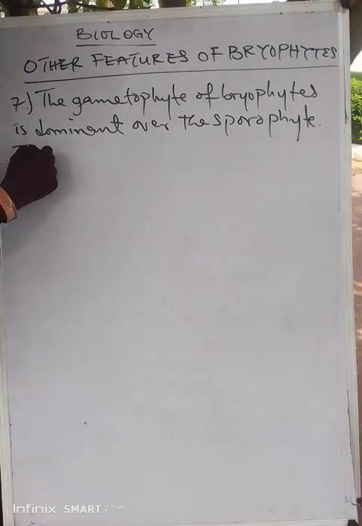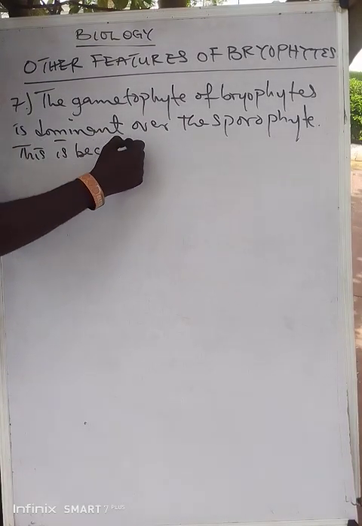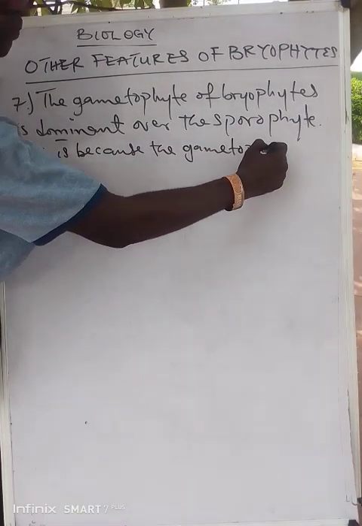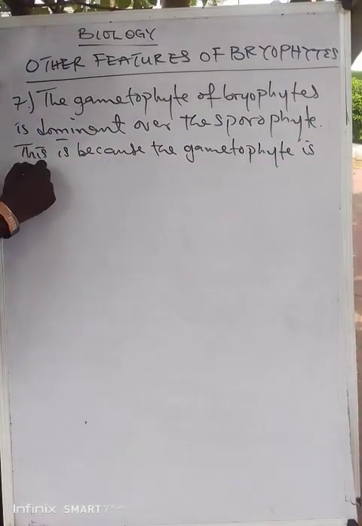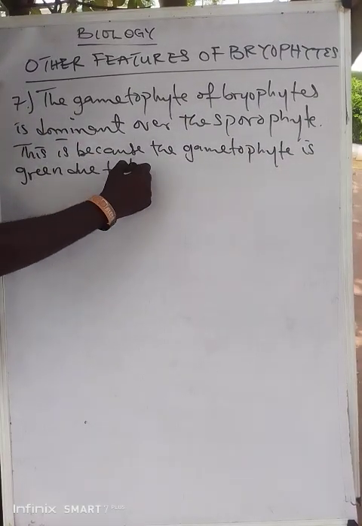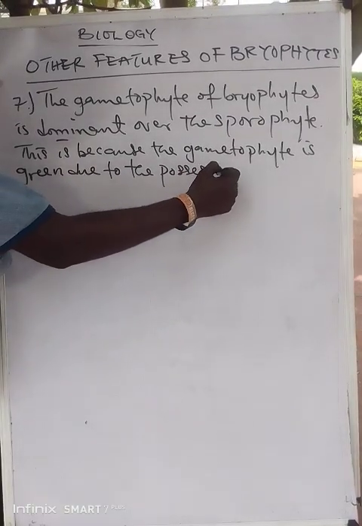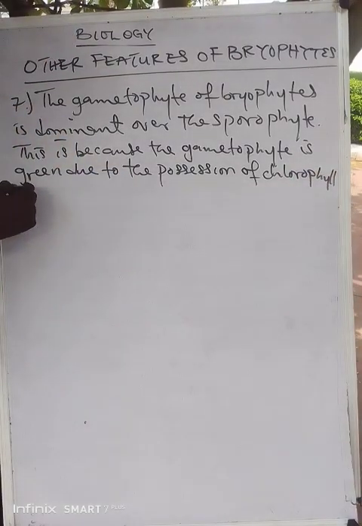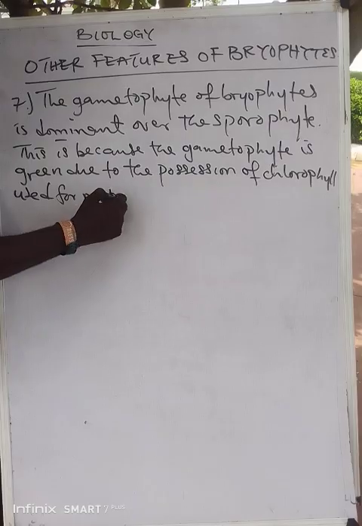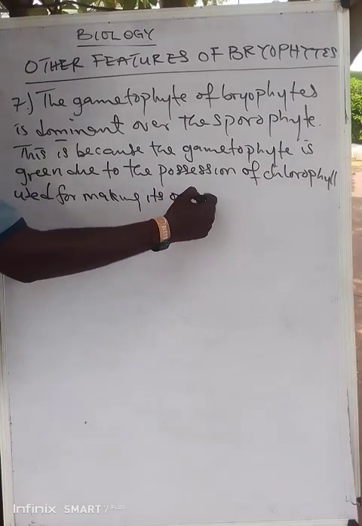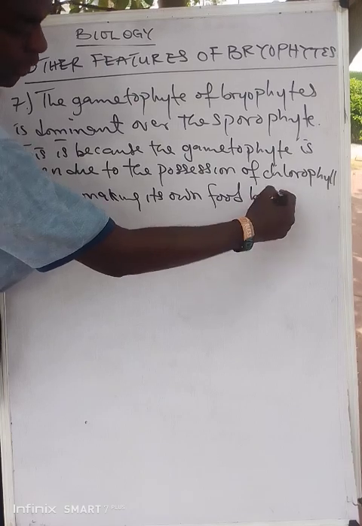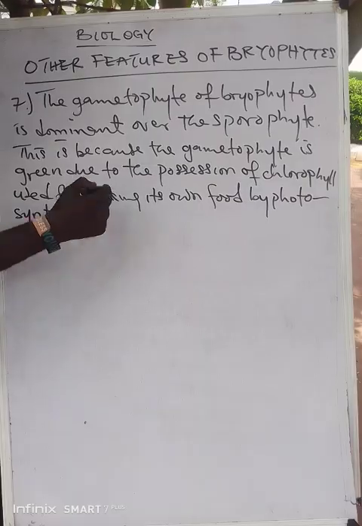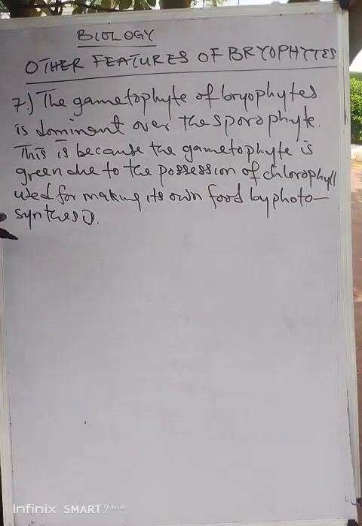This is because the gametophyte is green due to the possession of chlorophyll used for making its own food by photosynthesis. So it carries out photosynthesis to make its own food, and that's why it's dominant. It does not depend on the sporophyte.